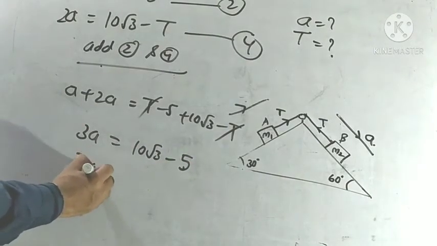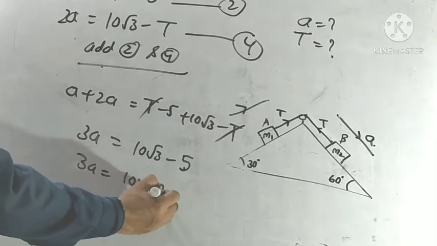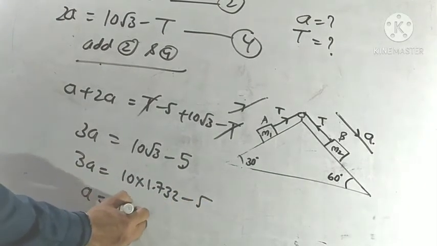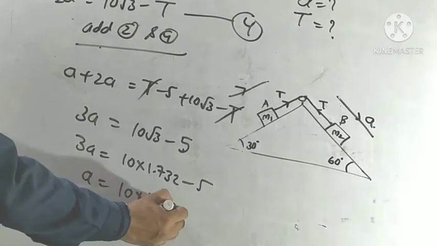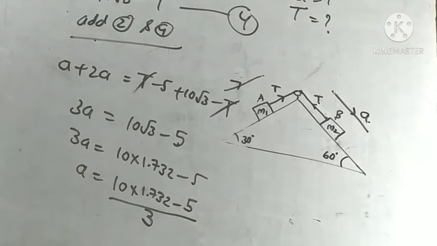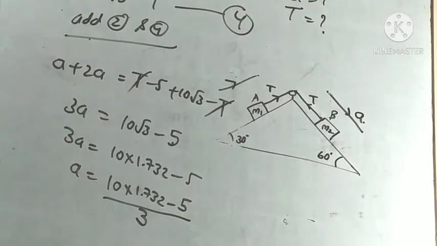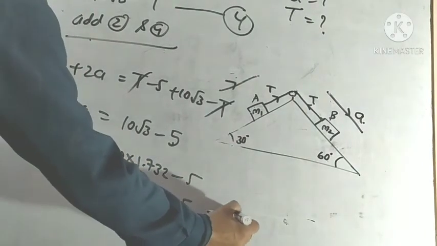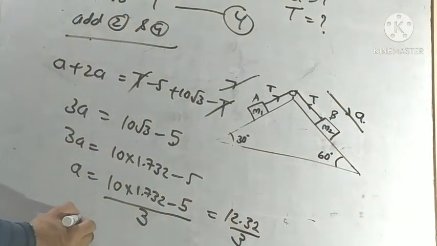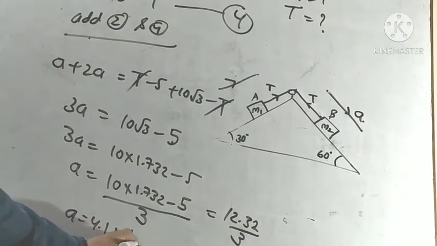So 3a is equal to 10 into 1.732 minus 5, and acceleration is equal to 10 into 1.732 minus 5, upon 3. Its value is 12.32 upon 3, and finally acceleration is equal to 4.1 meter per second square.